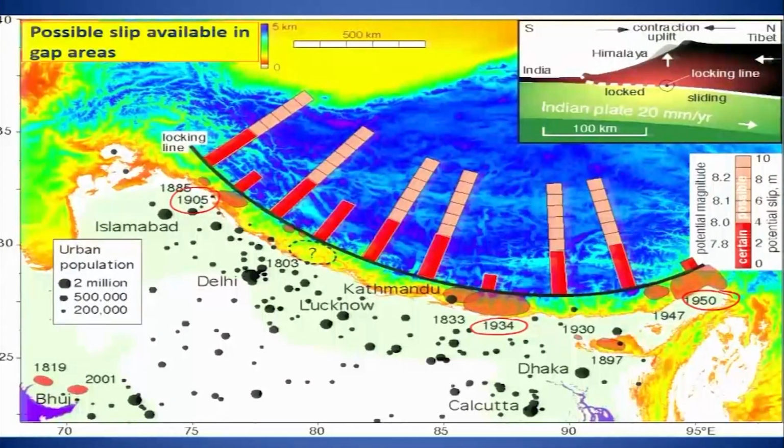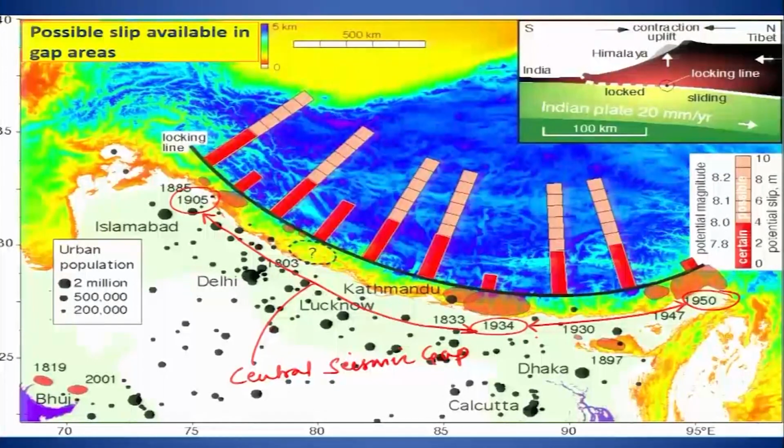So a term that has been given here is that this area which exists between the 1905 and 1934 earthquakes has been termed as the central seismic gap. There is another gap which has been suggested in between 1934 and 1950, which you can call the Assam gap.